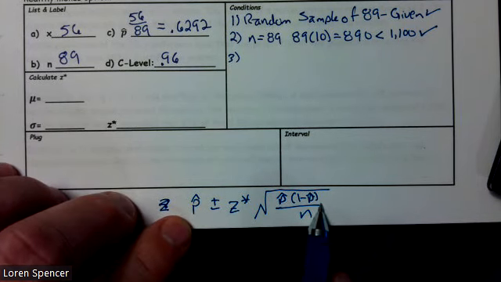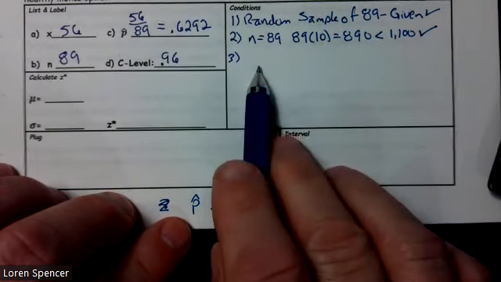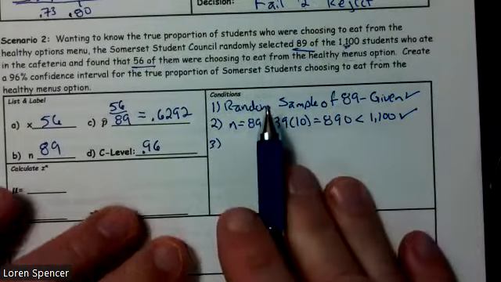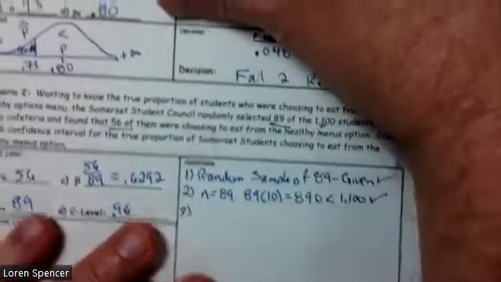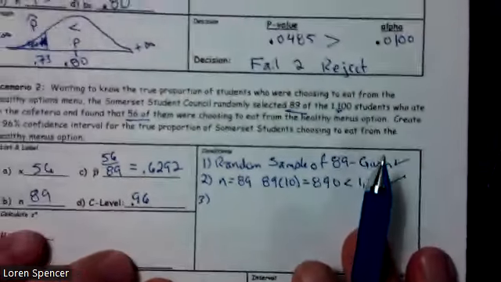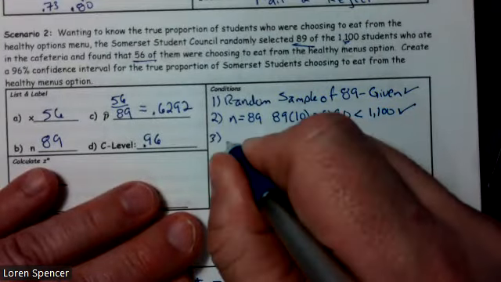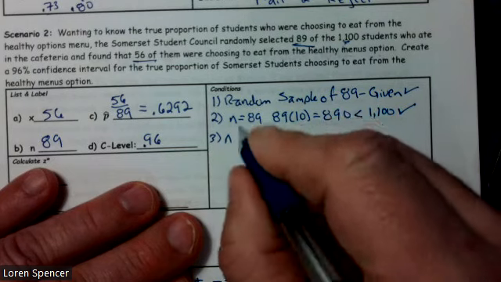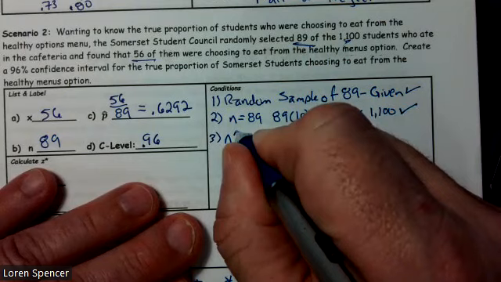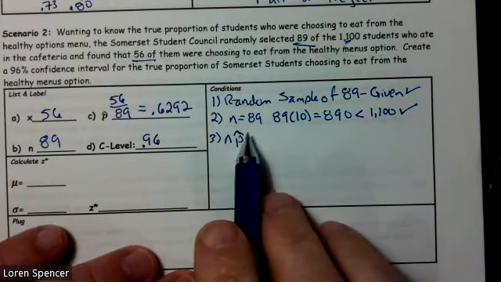Well, because we have p hats under the radical, that's what we're going to be using for our condition 3, which is our normality condition. And that's different than the hypothesis test. On the hypothesis test, we were using np. Here, we're going to be using n p hat. The first two conditions everyone's been doing great with, but right here, we've been shortcutting it, and I don't want to see that. So that's why we're doing this.